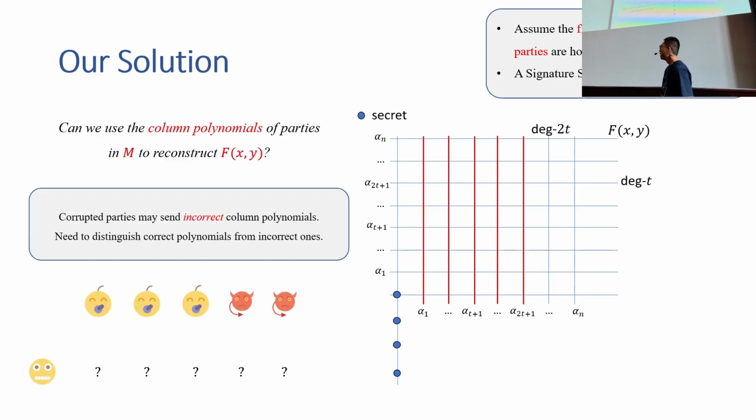The problem is that, although we can expect honest parties to provide their correct column polynomials, corrupted parties may provide wrong column polynomials. In case you receive only t plus 1 correct column polynomials but t incorrect ones, you don't know which are correct or wrong. And this causes trouble in reconstructing f.